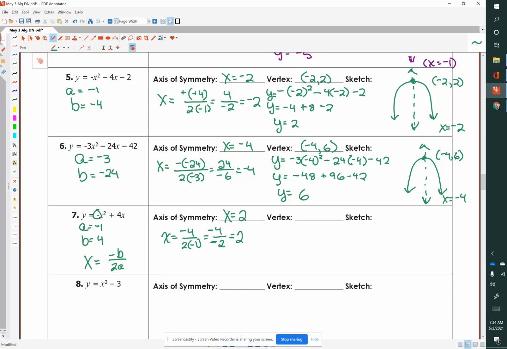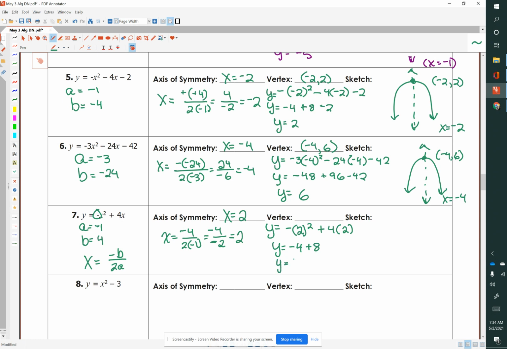This is a downward facing parabola with a negative a value. Let's evaluate for the vertex. y equals -2 squared plus 4 times 2. The reason that's a negative 4 is because positive 2 times positive 2 is 4, and we're taking the negative, plus 4 times 2, which is 8.